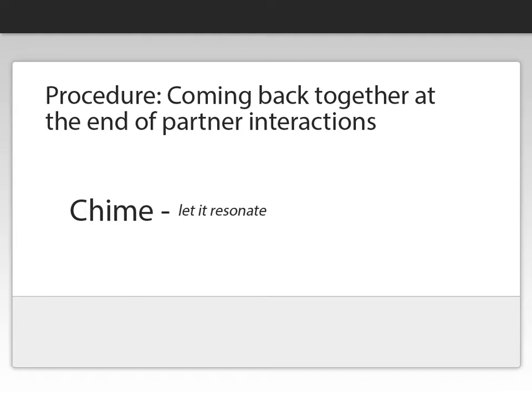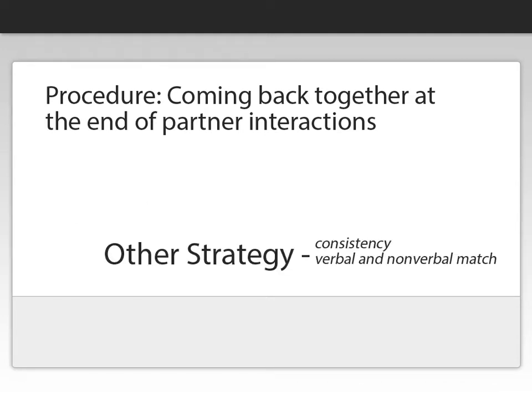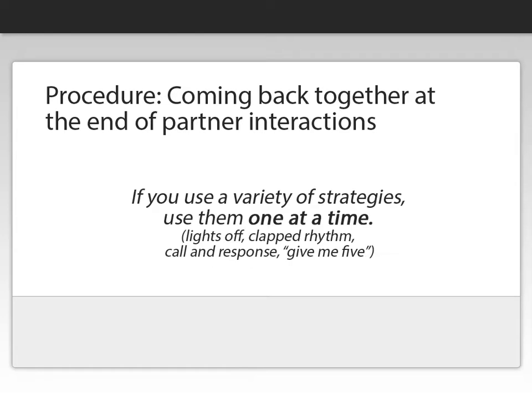The chime is instead of your voice, so let the chime do your work. If you have another strategy, use it consistently and make sure that the verbal input matches the nonverbal cue. If you have a variety of inputs, use one at a time. If that strategy doesn't work, wait or practice until it does work, but don't go through a litany of several cues back to back.